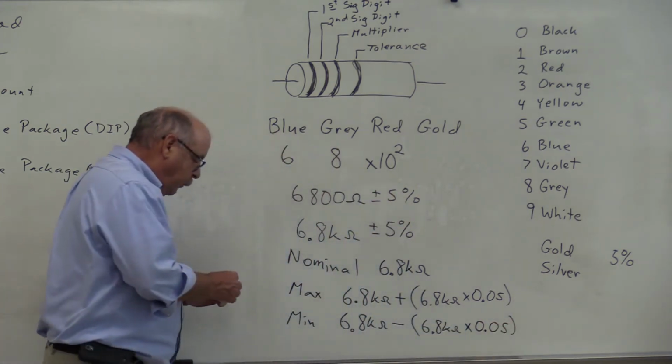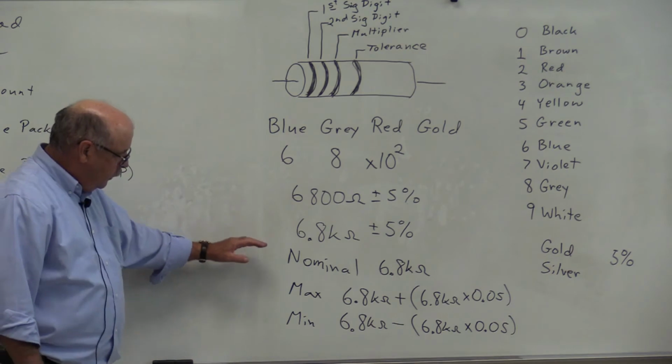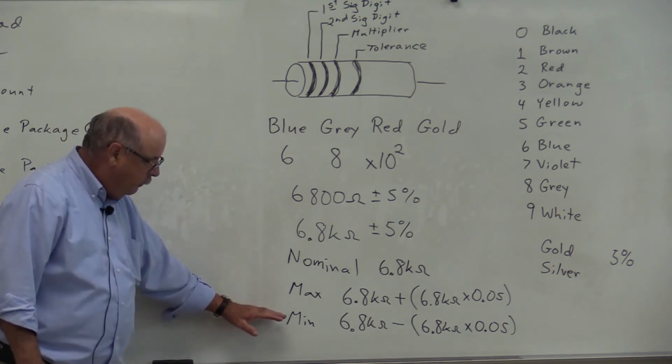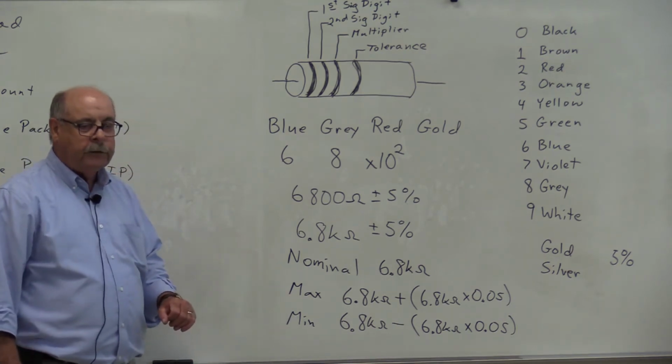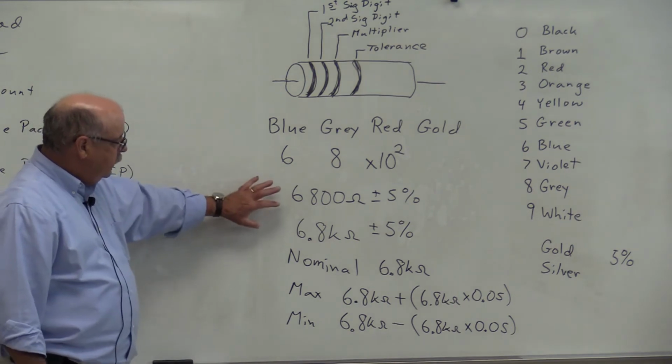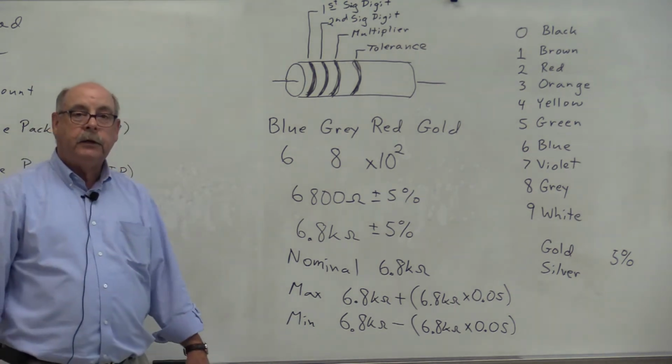So this is how we calculate the maximum and minimum values for this resistor, given in this case a 5% tolerance.